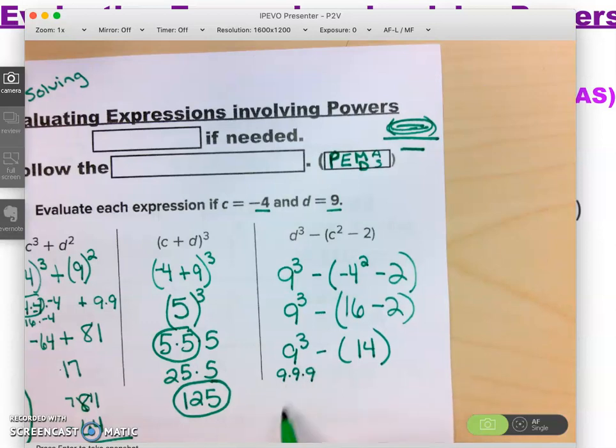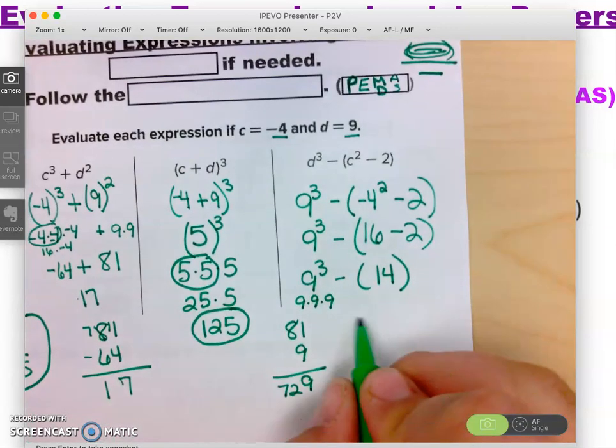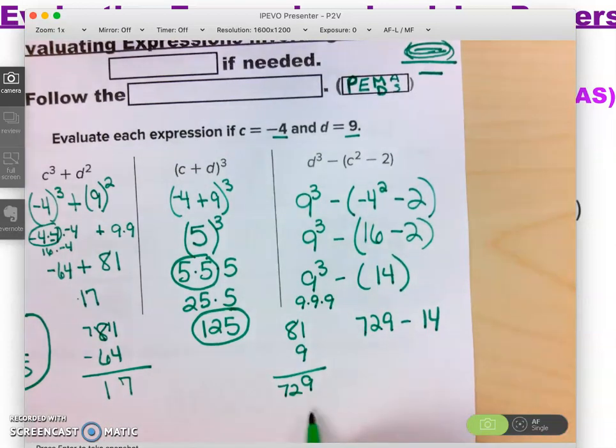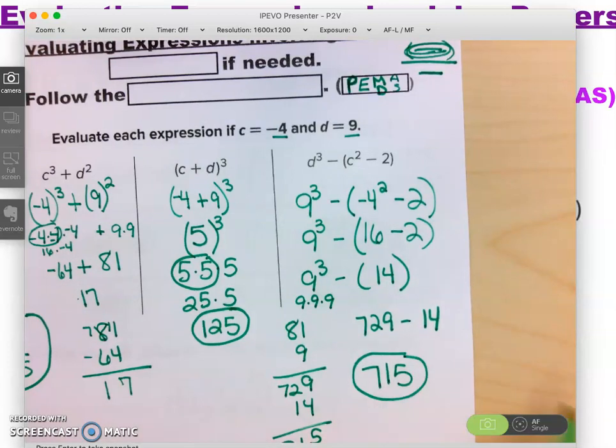So 81 times 9, 729. Oh, sorry, you can't see. Then we do 729 minus 14. So we have 715.